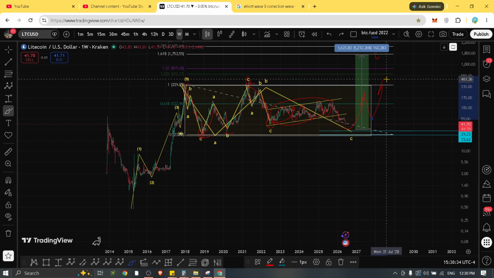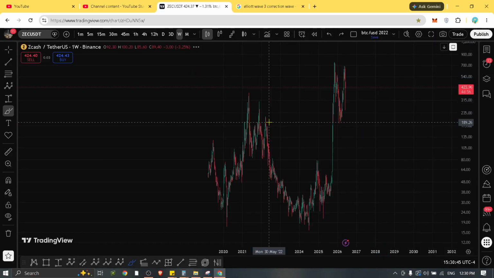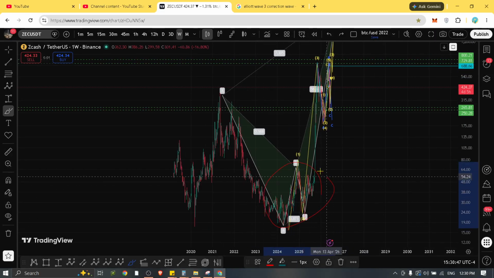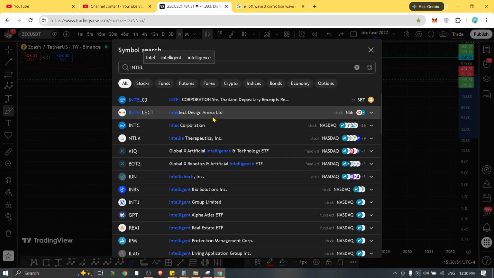All right, this is stuff that I've seen through stocks, Litecoin, Zcash, and many other cryptocurrencies. For example, Zcash, a lot of people were doubting these levels, and look what happened. Major pump to the upside. Intel.